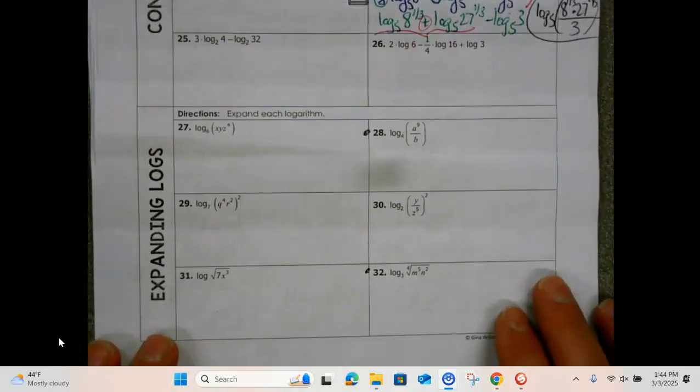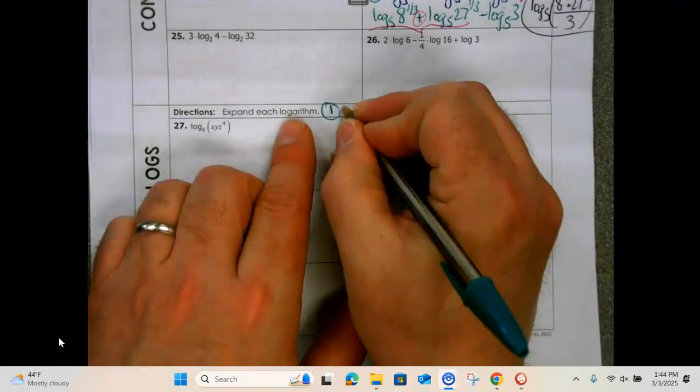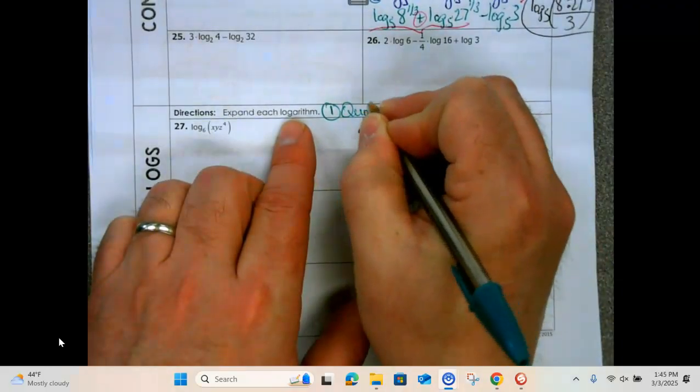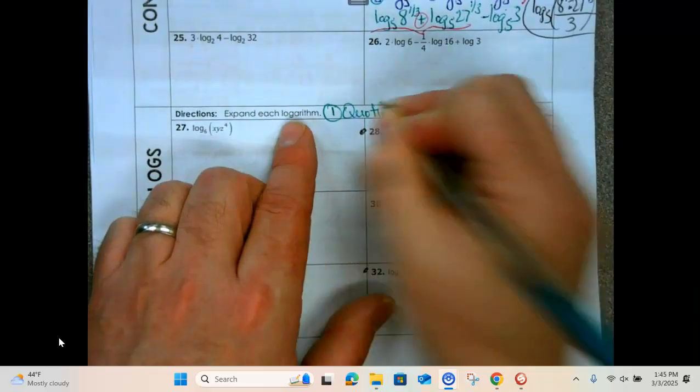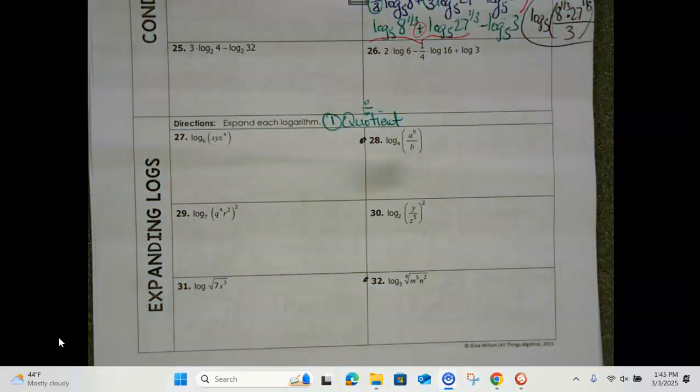All right, last couple. So when we get down here, we're actually going to end up doing this in the opposite order. So when we're down here, if it's an option, if it's division that's there, we're going to do the quotient rule first.